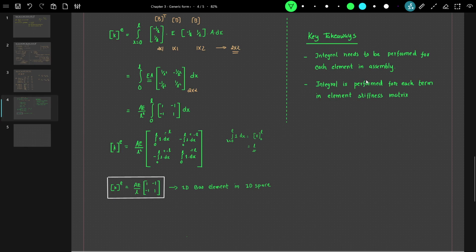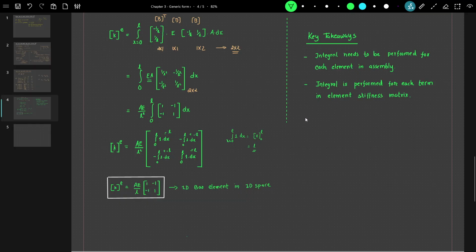The other thing is that the integral is performed for each term in the stiffness matrix. This is the stiffness matrix for only one element, but the integral is done 4 times because we have 4 terms in this matrix. So the integral is performed for each term in the element stiffness matrix.